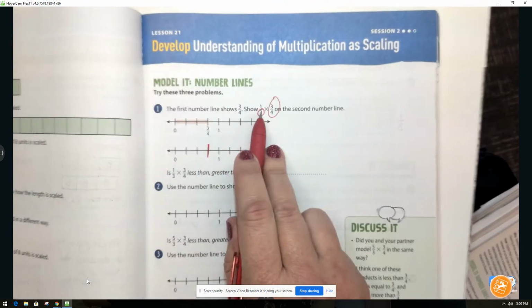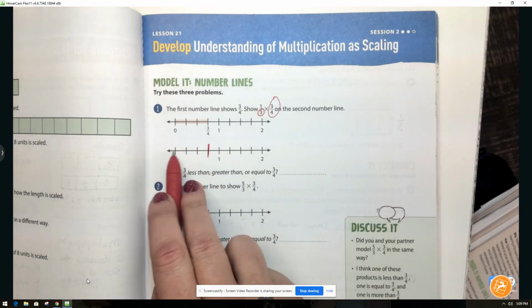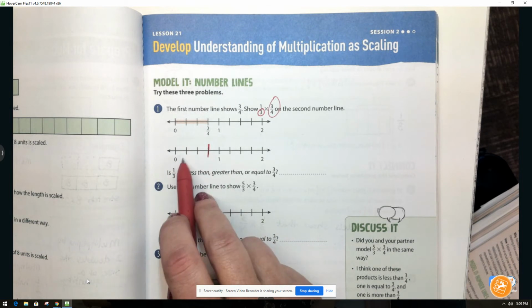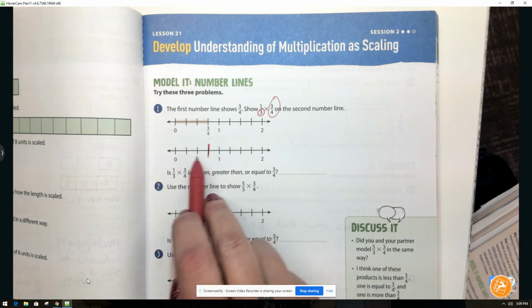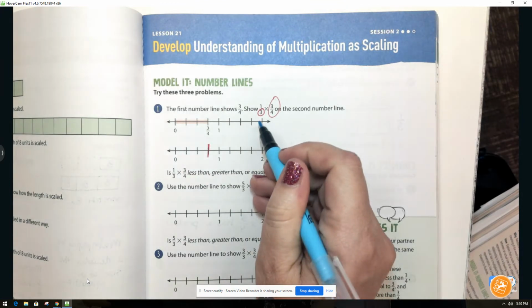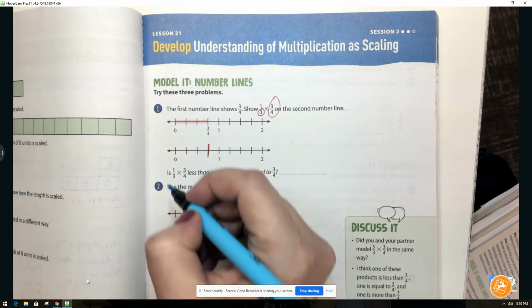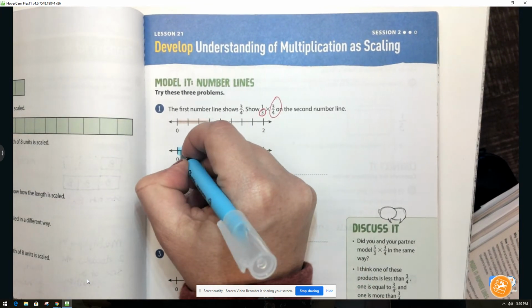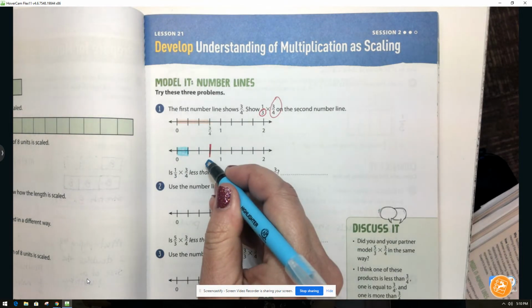Remember, the denominator tells you how much you're going to break this section into. And luckily for us, it's already broken into 3 equal sections. So if I want to show what is 1/3 of 3/4, I'm going to color in 1/3 of 3/4.